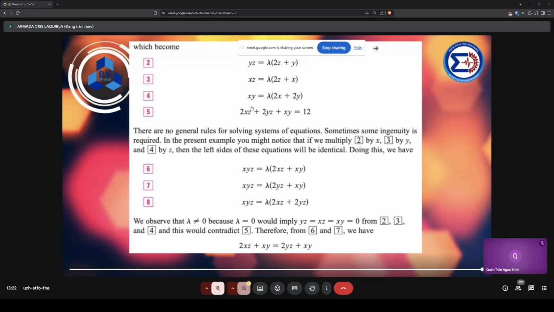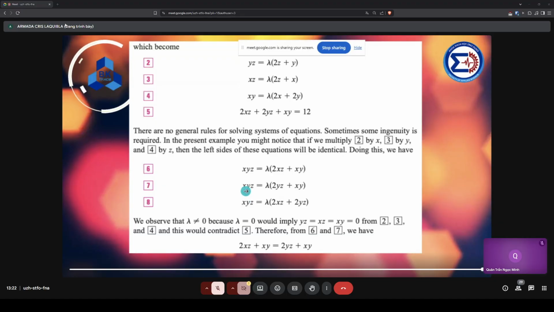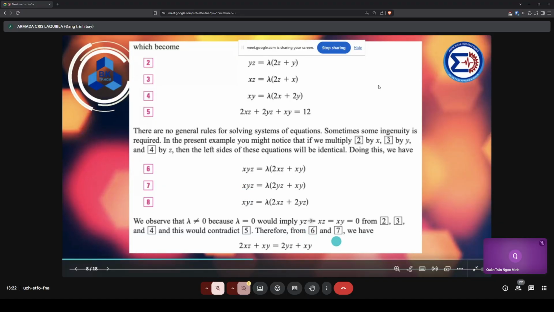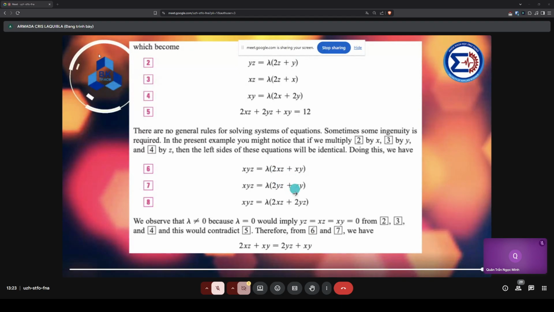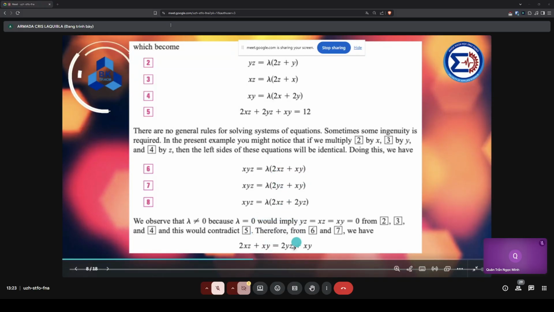So we have to find the value of lambda. Next, since xyz is equal to xyz here in 7, we have here 6 and 7. From 6 and 7, these two things are equal. Correct? The 2xz plus xy is equal to 2yz plus xy, because it's the same xyz and lambda.